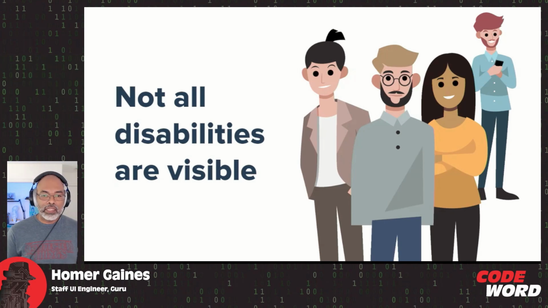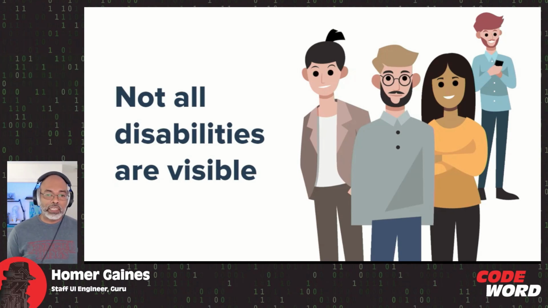The other thing is dyslexia. There are various forms of dyslexia, color blindness, things like that. We have to be aware of all of these different disabilities that our users could potentially have when they are interacting with our applications so that we are able to provide the best user experience for them.